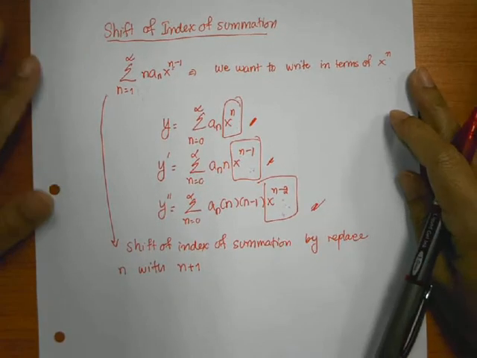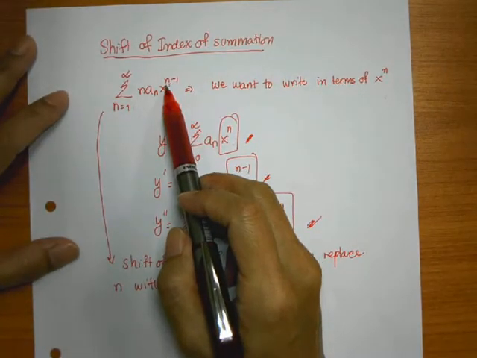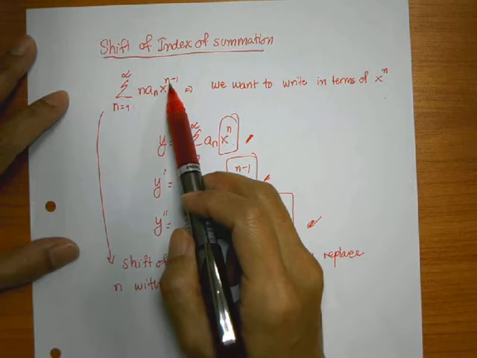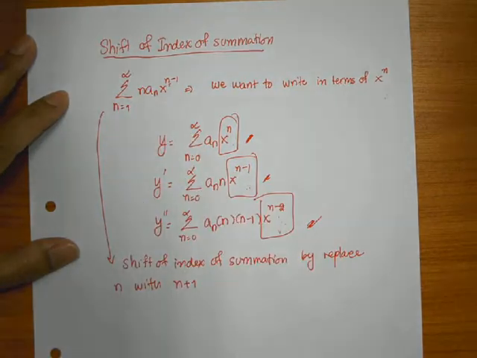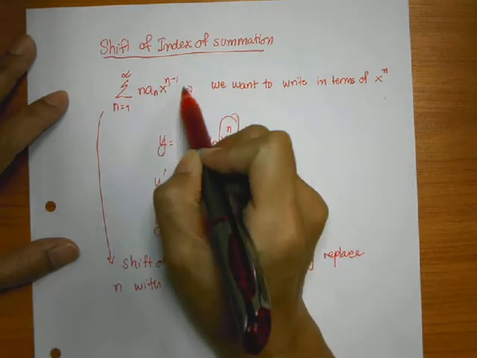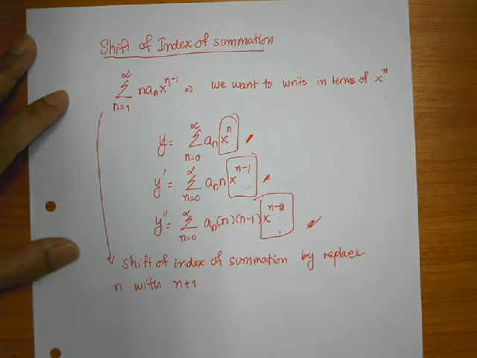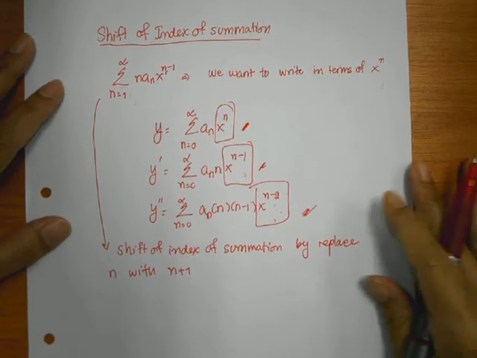Okay, we are going to put n plus 1 here in place of n. In that case, we would get x to the power n. That means every n right here, every n here, we will replace it with n plus 1, and this is called the shift of index of summation.